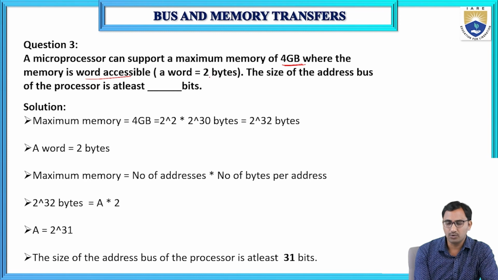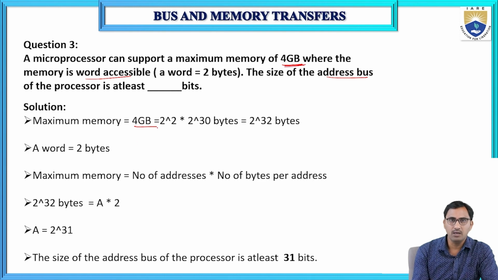So one word is equal to 2 bytes here. So the size of the address bus of the processor is at least how many bits? So for accessing the memory as words, what should be the size of the address bus at least? So the maximum memory is 4 GB.